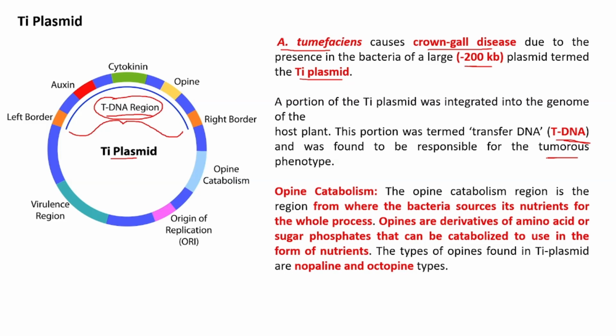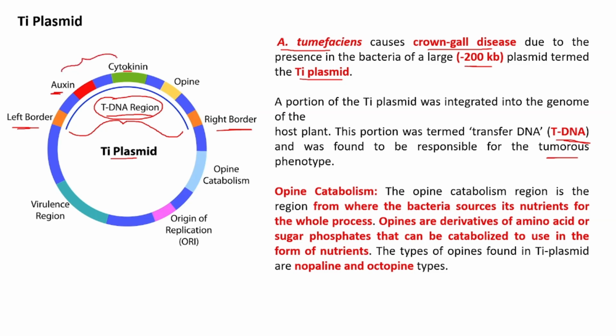If we have a quick description of the different genes present in the Ti plasmid, you will find there are left border sequences and right border sequences which mark the boundary of the tDNA, and there are other genes like the auxin coding gene and the cytokinin coding gene. Now why are auxin and cytokinin present?